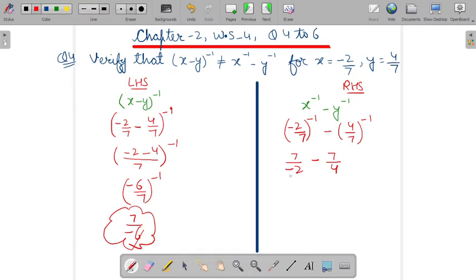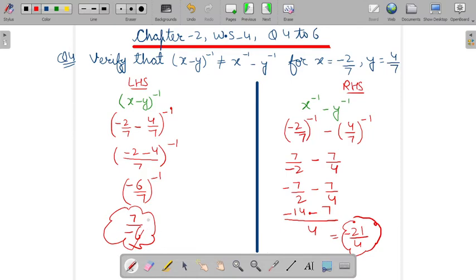And all of you have remembered one thing. While solving this term, the denominator should not be negative. So what will you do? You will shift the negative sign to the upper side. Now you will solve it. Take its LCM. So 4 would be the LCM. Minus 14, divide and multiply. So you are getting minus 21 by 4. So what do you observe?